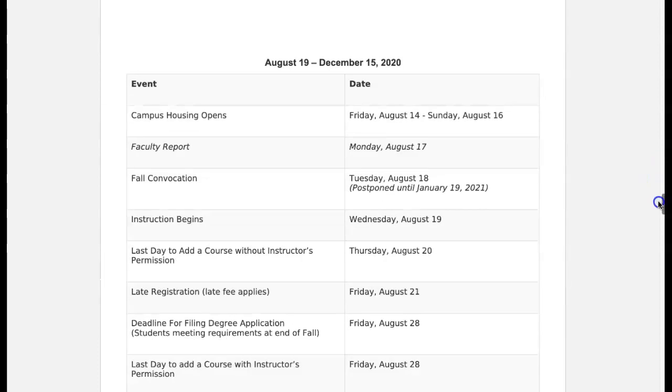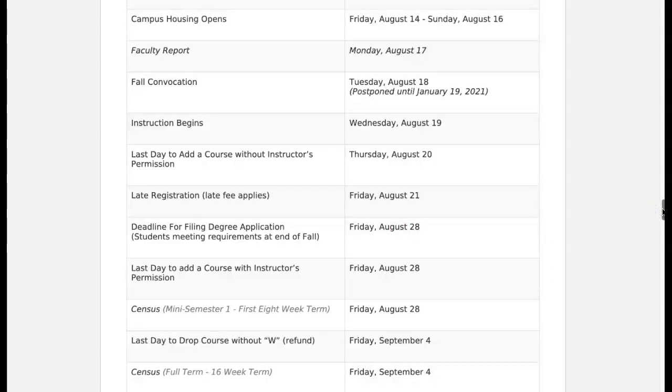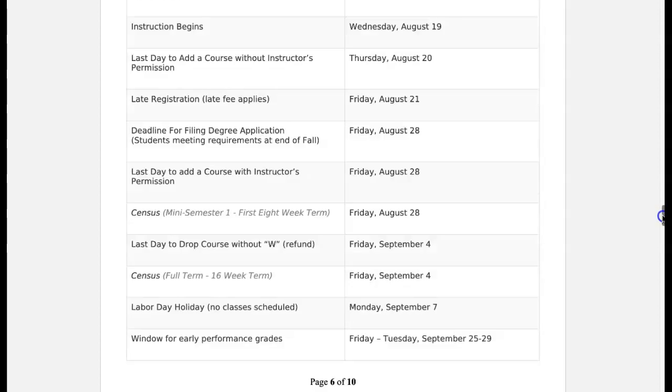Here we have some important dates to remember. Obviously, we have Labor Day coming up, so we don't have any assignments due on that day. So basically what that means is that you have that day off, but for us, it doesn't really impact us that much because we don't have assignments due on Monday.